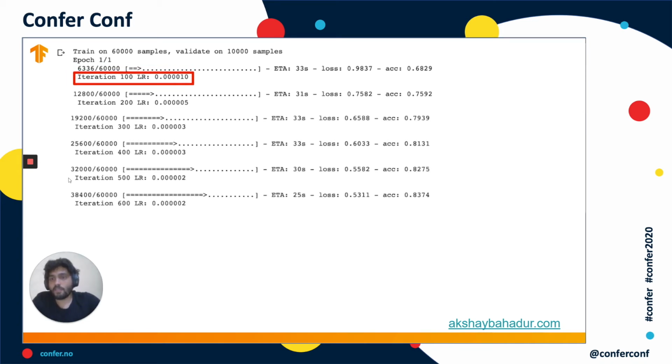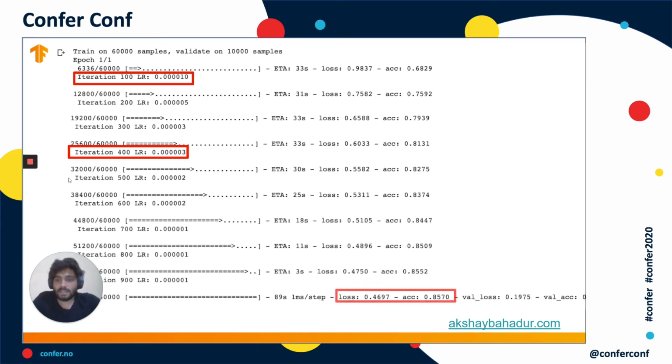And as you go forward, at the 400th, it has gone down to 0.0000003, and at the 1000th iteration, the learning rate has gone down to a considerable value, and the accuracy is around 85%. As you can see, the accuracy is increasing at every step, which means that we're learning, and at the same time, we're also making sure that we are not overshooting.